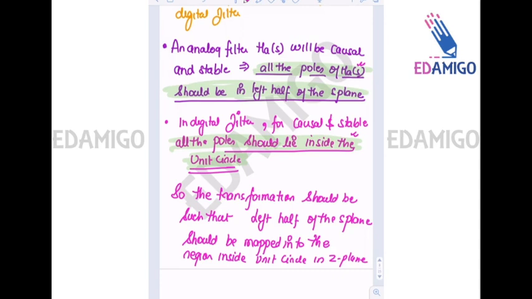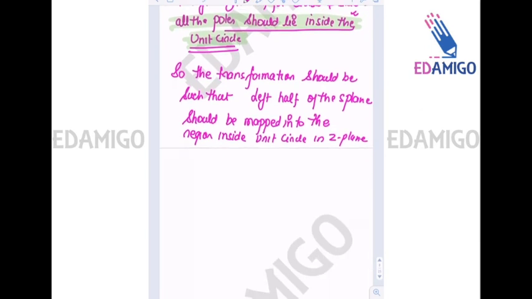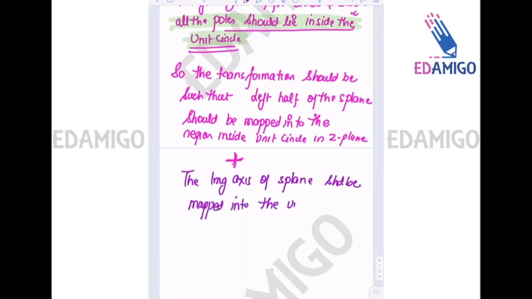Okay, plus we can add one more thing, plus the imaginary axis of S plane should be mapped into the unit circle of Z plane.